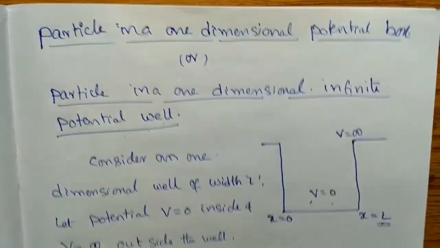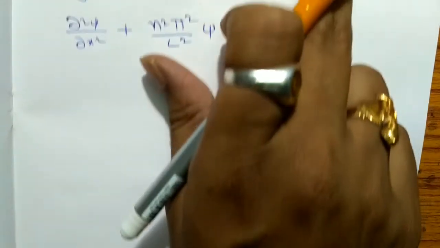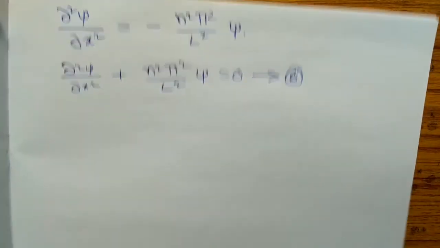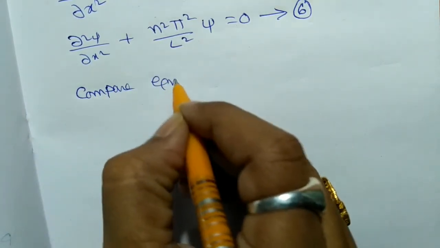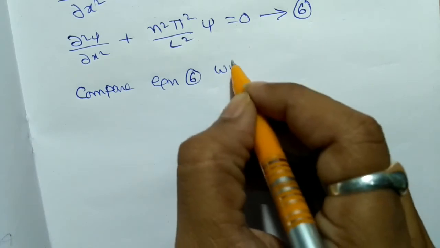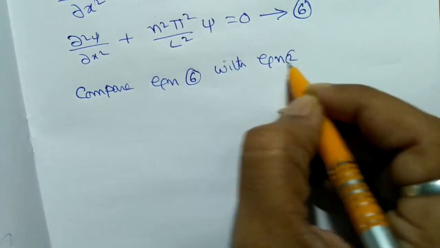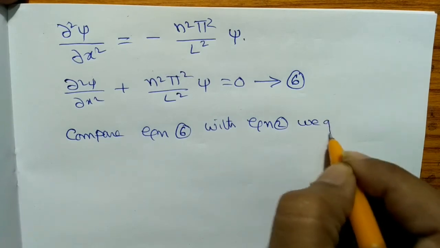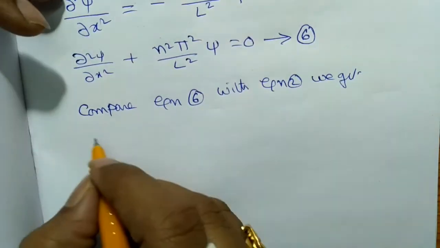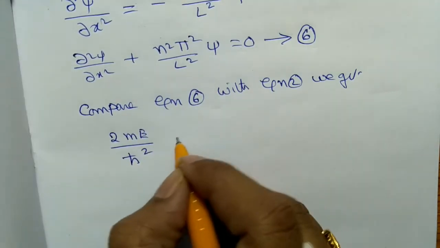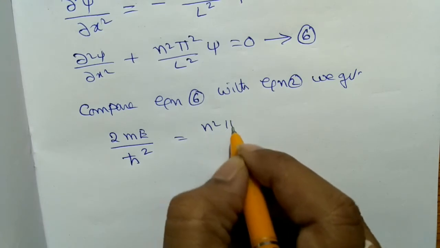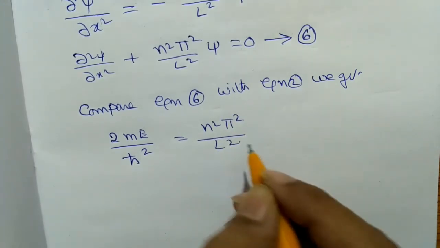Now compare equation 6 with equation 2. We get from equation 2 that 2mE by h cross square is equal to n square pi square by L square.